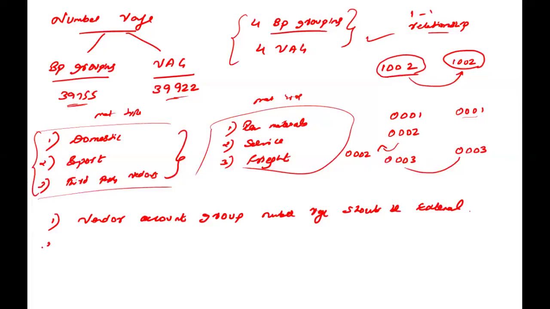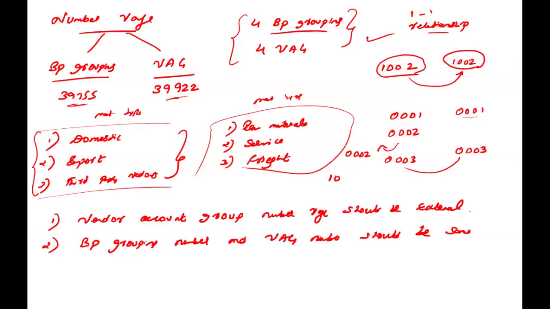Okay. Second thing, your BP grouping number and vendor account group number should be same. For example, if you're creating a number range of 100 to 500 for BP grouping, for vendor account group also you should have 100 to 500, or you should have any number in between this.